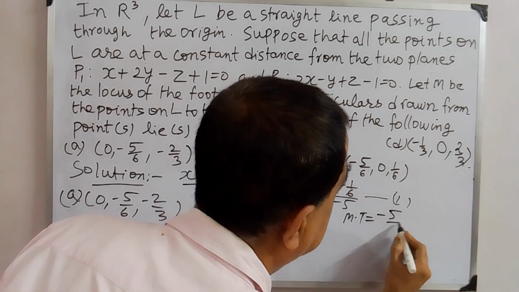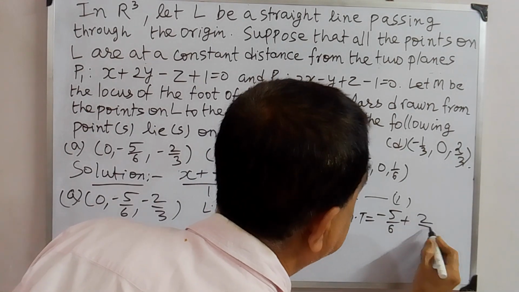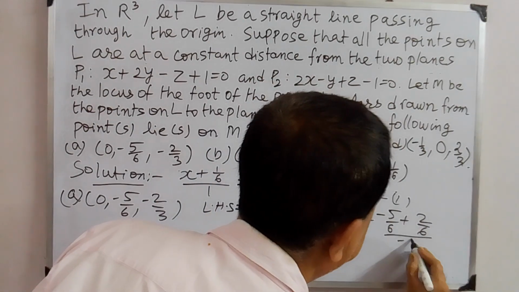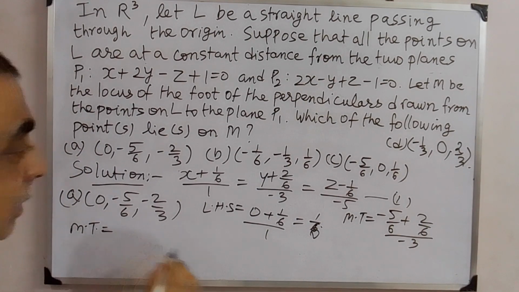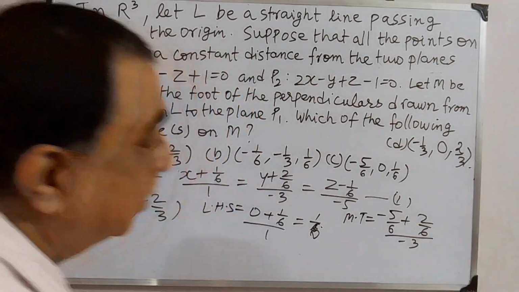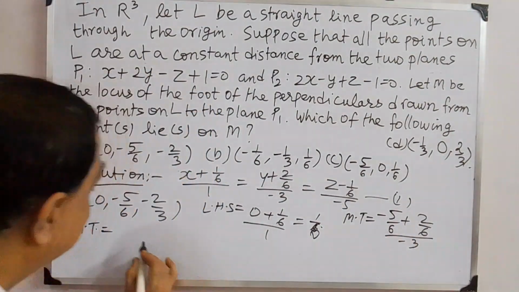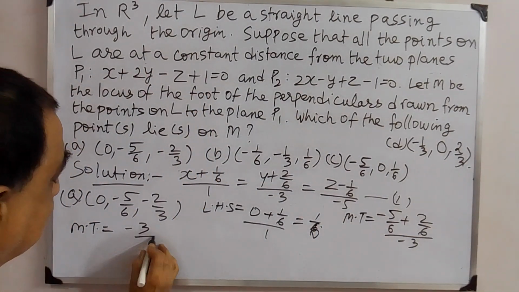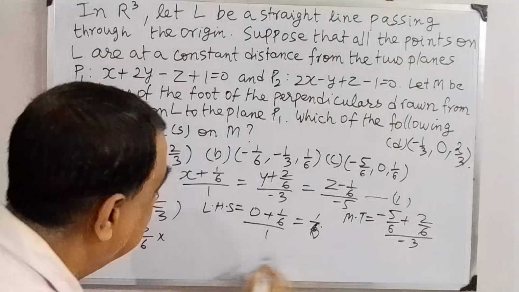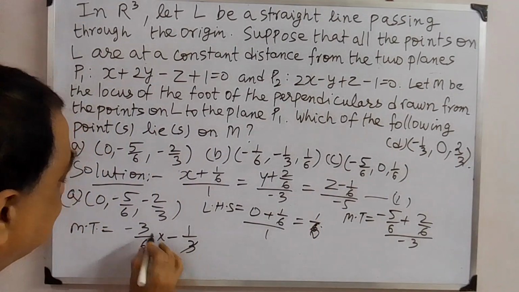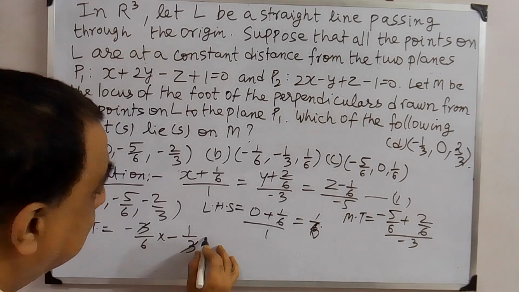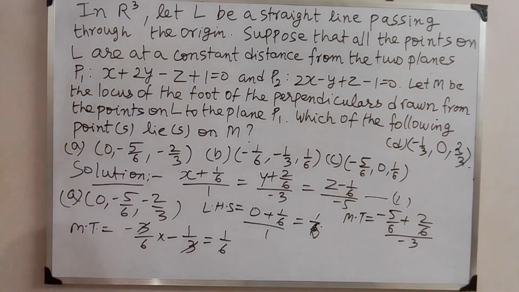So minus 5 by 6 plus 2 by 6 divided by minus 3. The middle term becomes minus 5 by 6 plus 2 by 6, which is minus 3 by 6, divided by minus 3. Cross multiplying, minus 1 goes up and 3 comes down, 3 cuts, minus into minus is plus, so 1 by 6. The middle term value is also 1 by 6.